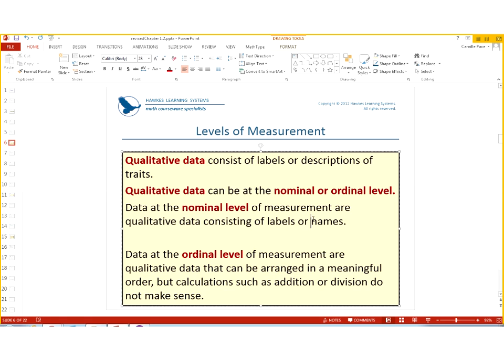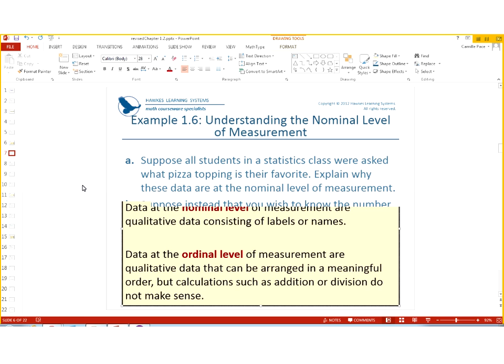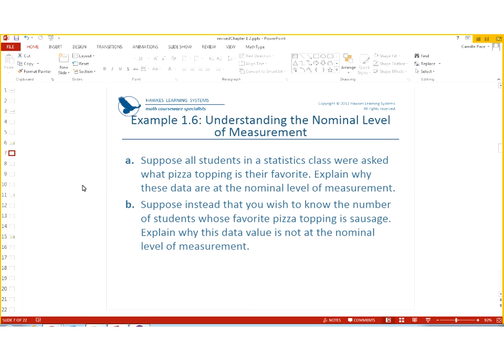Data at the ordinal level of measurements are qualitative data that can be arranged in a meaningful order, but calculations don't make sense. Think about places in a race. You can have first, second, third, or fourth, but you really can't do math with those. So let's look at some examples. Suppose all students in your statistics class were asked what pizza topping is their favorite.